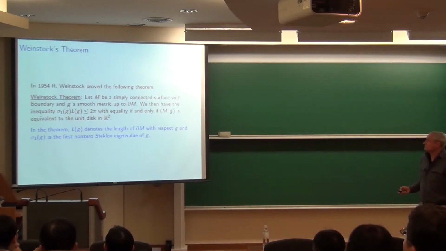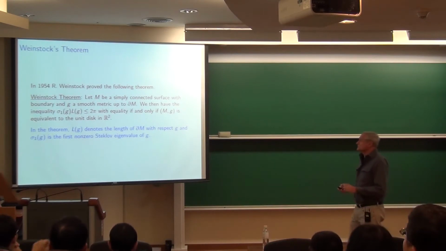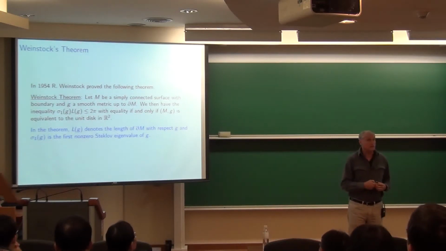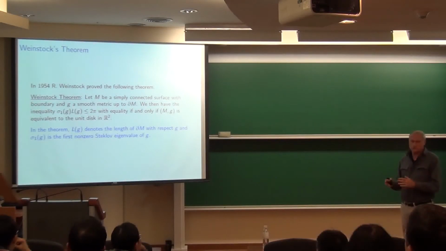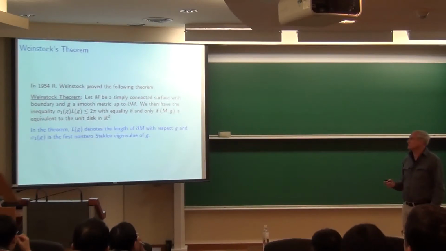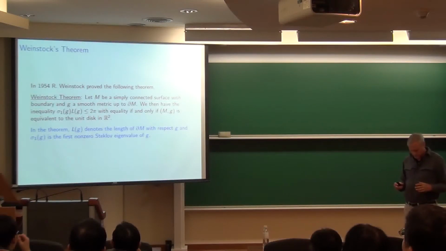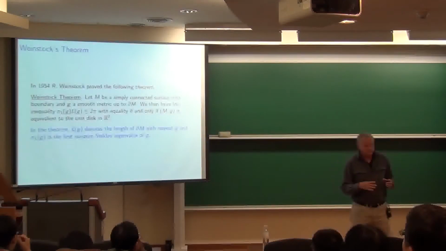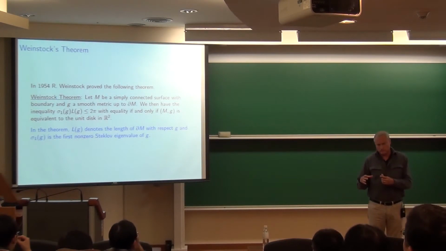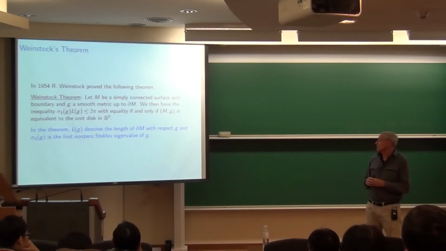Okay, the second classical theorem, which is actually less well known in differential geometry, at least, is Weinstock's theorem, which actually goes back 15 years earlier, even though the proof is almost identical to the proof of Hersch's theorem. Weinstock's theorem evolved in 2 stages. He first looked at plane domains, and then he generalized it to a kind of physical setting, which doesn't really mention Riemannian metrics, but it turns out to be equivalent to the statement for Riemannian metrics.